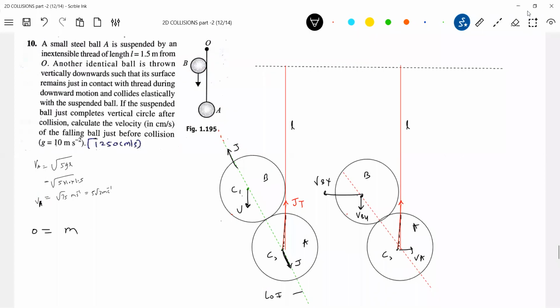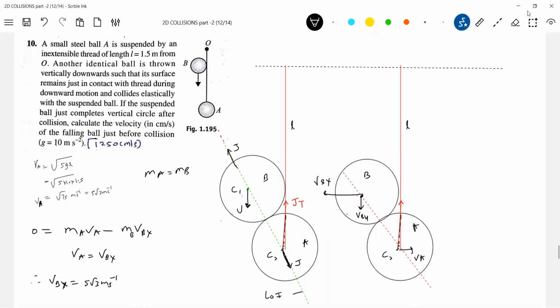Final momentum should be MA VA minus MB VBX. Since MA equals MB, therefore VA equals VBX. So I got the X component of velocity of this one. Therefore VBX should be equal to 5 root 3 meters per second.